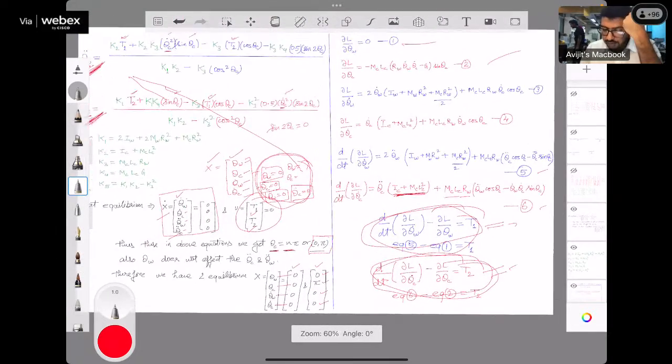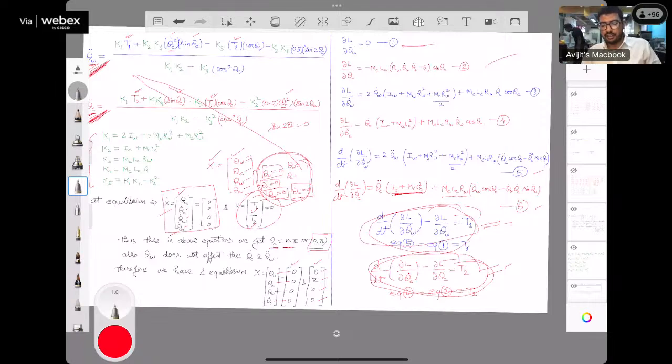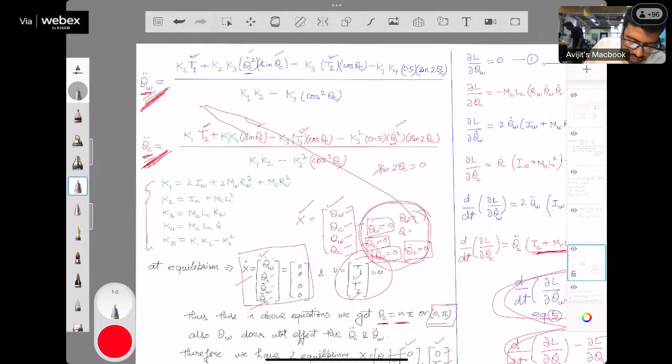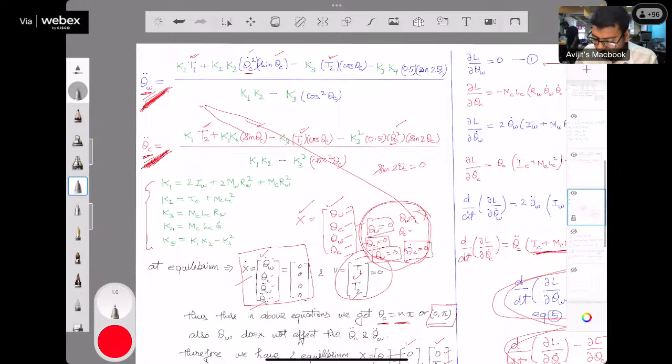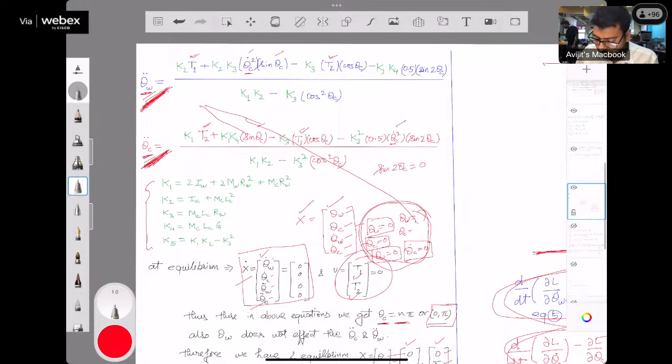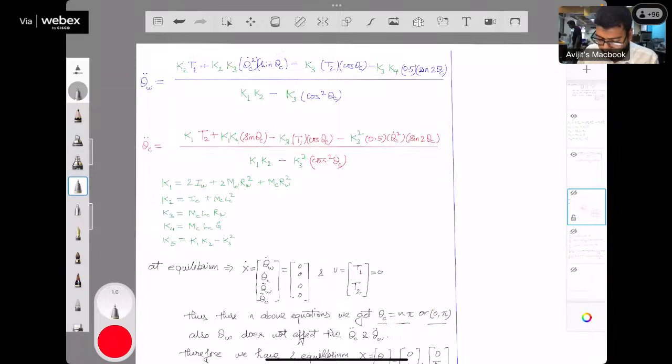Moving on. What we have figured out till now is the system equations, two sets of equations which can represent our system in a non-linear way, and we have also calculated the equilibrium points.